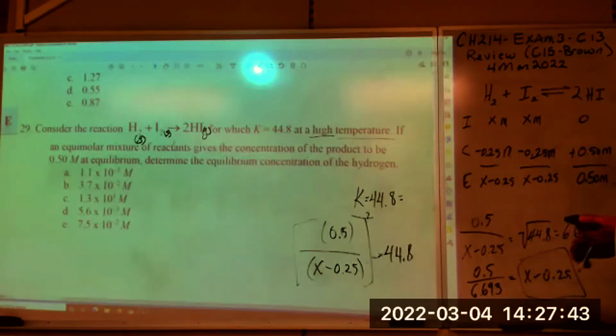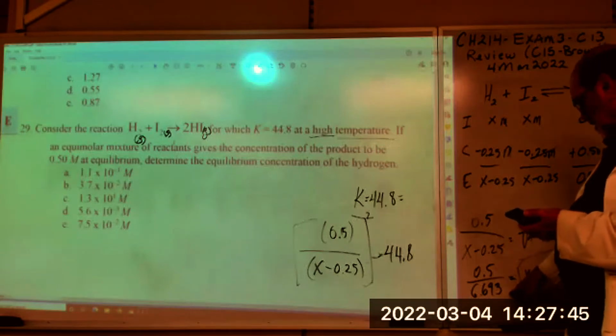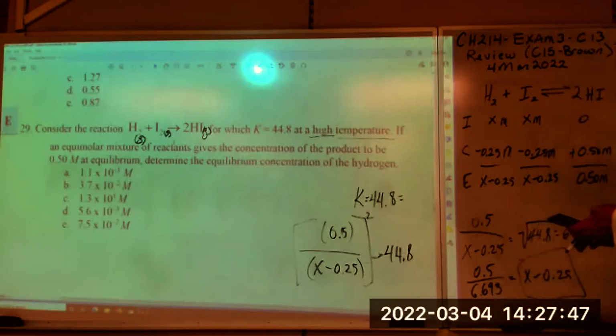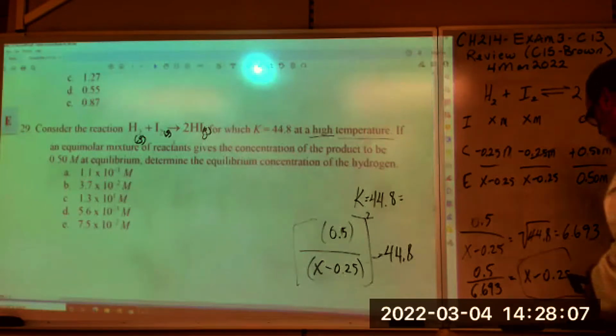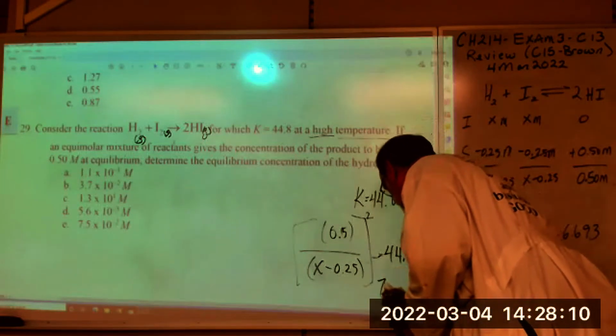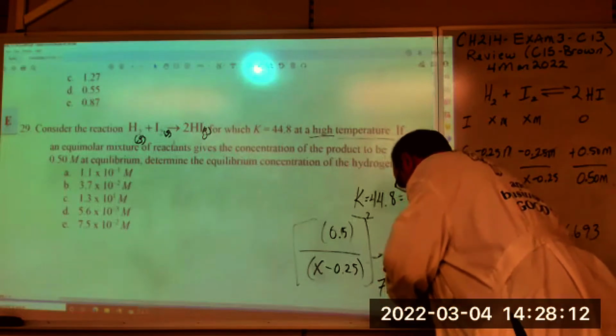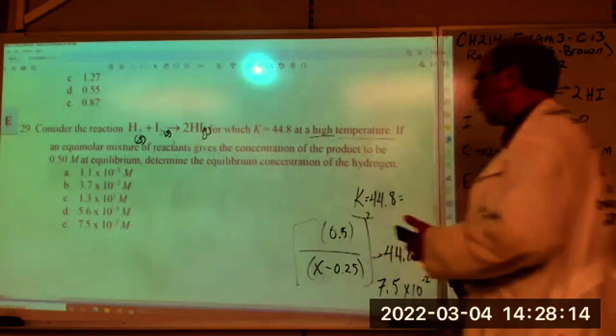So 0.5 divided by 6.693 is 7.5 times 10 to the minus 2. Slid off the edge there. 7.5 times 10 to the minus 2. There we go.